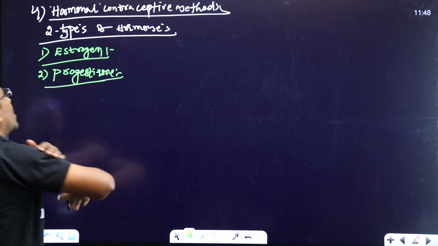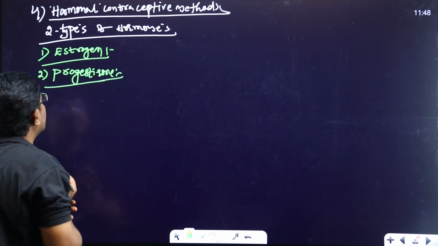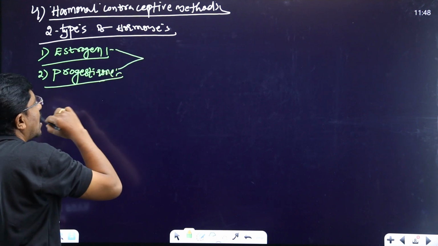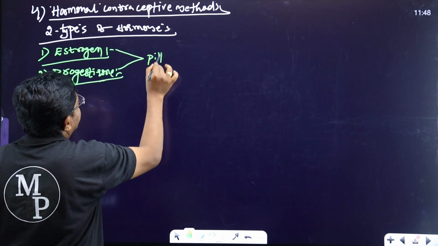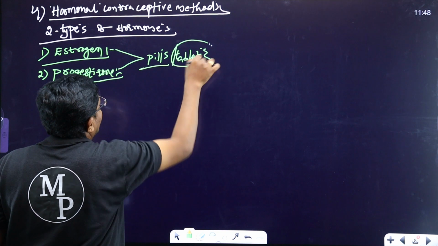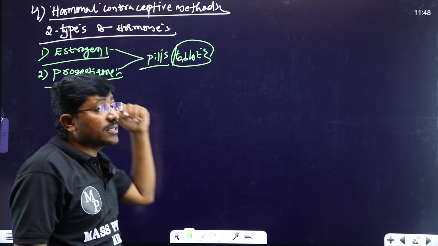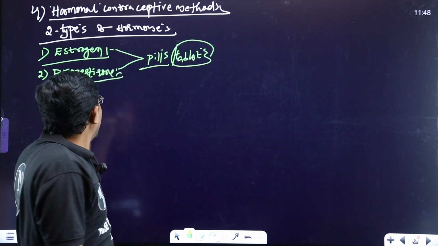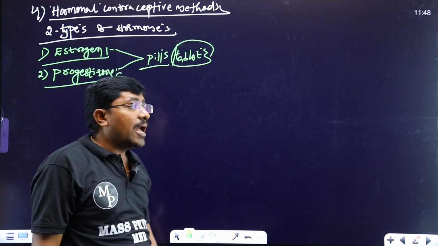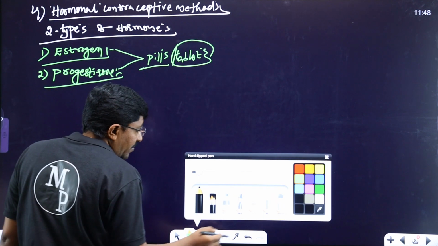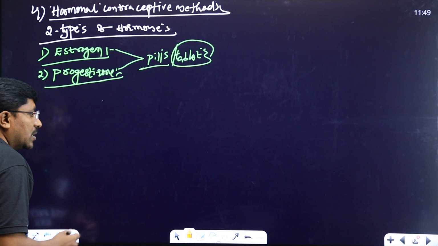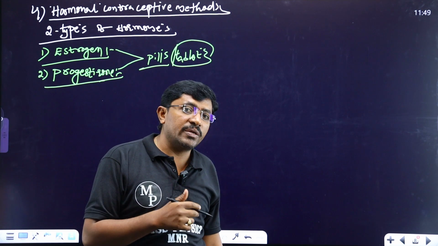See, in these hormonal contraceptive methods, by the usage of these two types of hormones, the pills are prepared. Pills are nothing but tablets. Tablets are prepared using these hormones. In some pills only one hormone is used, in some pills two hormones are used.